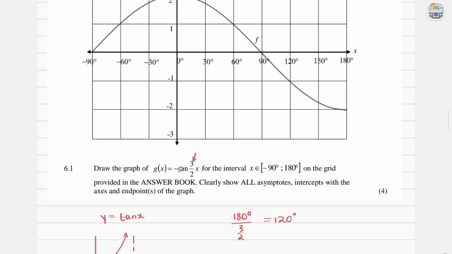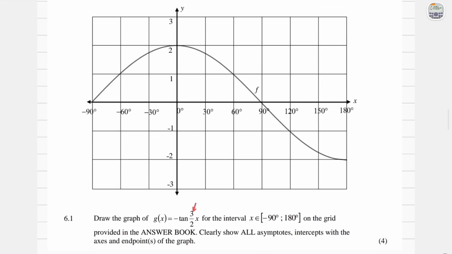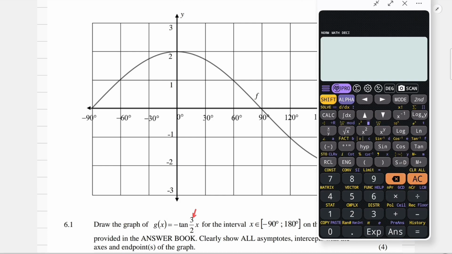Well, of course, they will have a negative in front of it, but they're going to occur at different x values now. Okay, now let's just look at this. You see, there's a very simple way to do this, and I guess I'll call it the lazy way to do it. And it takes zero understanding of the graph and how it looks. You could simply just do this, and then in place of x, just substitute all these x values.